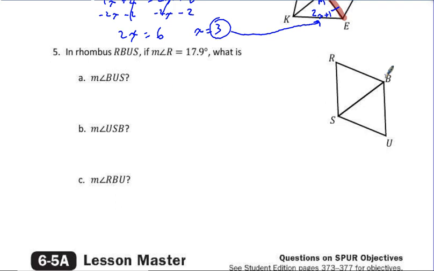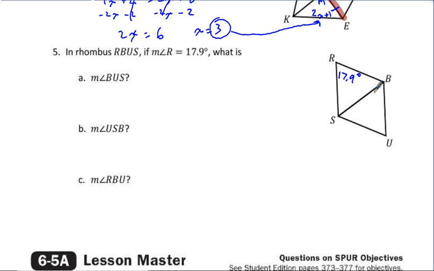Rhombus RBUS, if the measure of angle R is 17.9 degrees, what is the measure of angle BUS? BUS, this angle right here. Well, we remember that in a rhombus, the diagonals are just like our symmetry lines. The diagonals are symmetry lines in a rhombus, and so they will cut the rhombus in half.